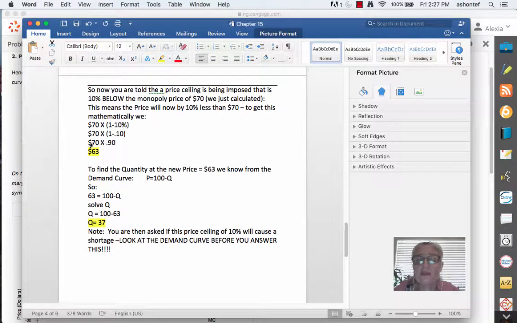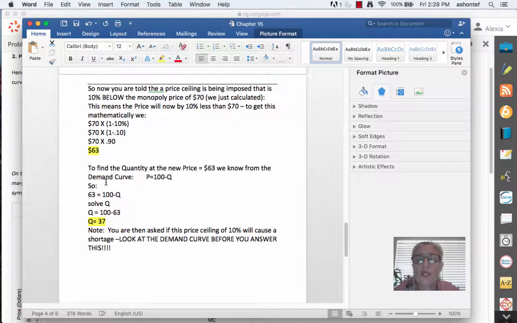In essence, the new price is 90% of the old $70, which would be $63. And then you're asked, what would the quantity be? Just as before, we know what the price is, so we'll still use our demand curve, only this time we're going to plug in the price, which we know is 63, and solve for our Q.